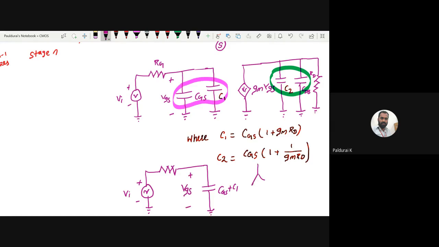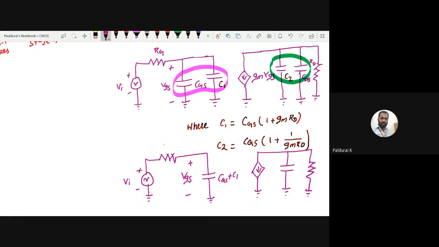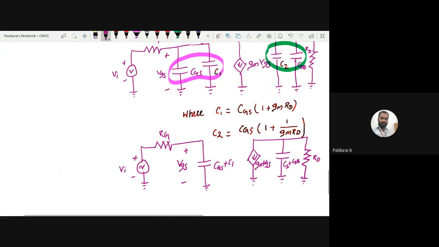Coming to the output side, this one I can merge as C2 plus CDB, and this is my RT. This is gm.